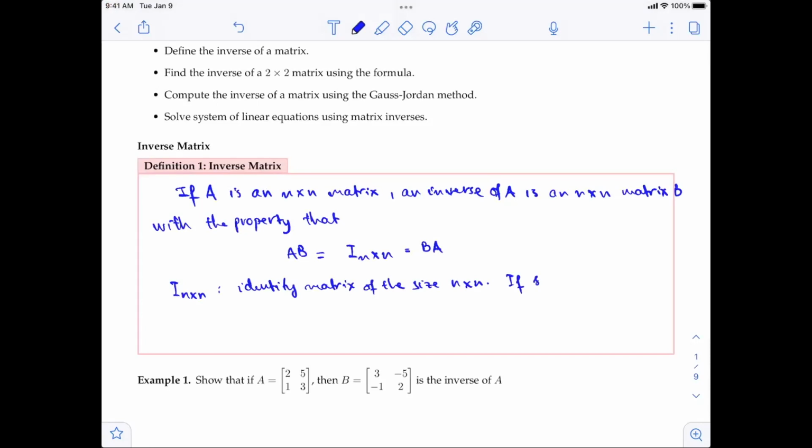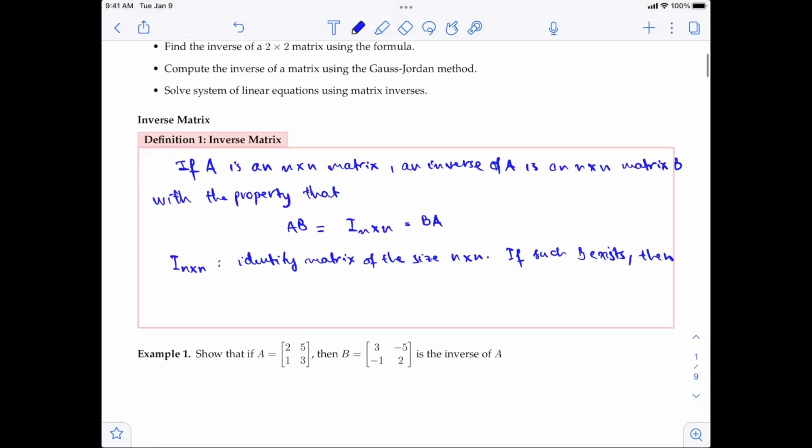If such a B exists, you say that A is invertible.